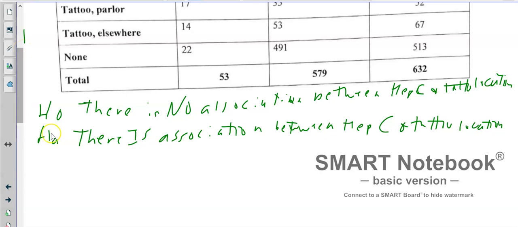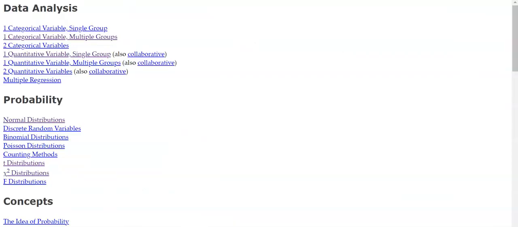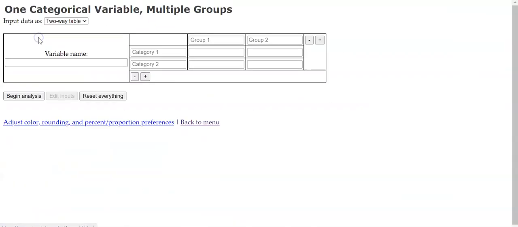All right, now remember for this one, we're going to go to Statlet and pick one categorical variable, multiple groups. And we're going to put in 17, 35, 14, 53.